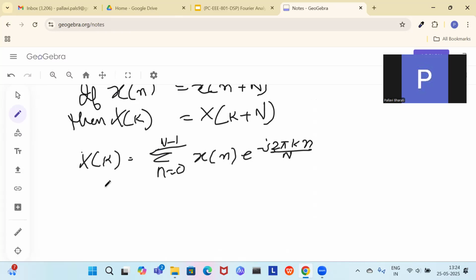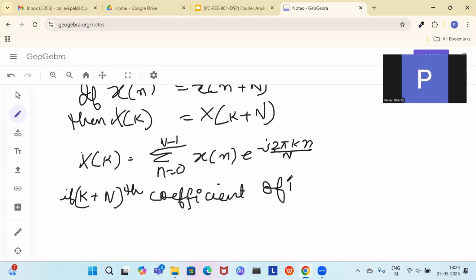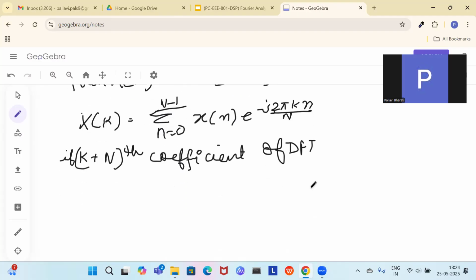Now, just as you used to do, you are changing the value of this. If I want the k plus Nth coefficient of the DFT, it's going to become X(k plus N).